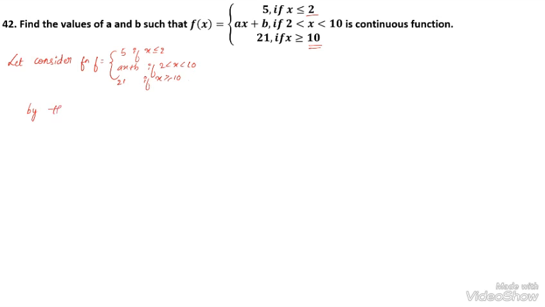By the definition of a continuous function, we can write the left hand limit: limit x tends to c minus f of x is equal to limit x tends to c f of x is equal to limit x tends to c plus f of x, all are equal.